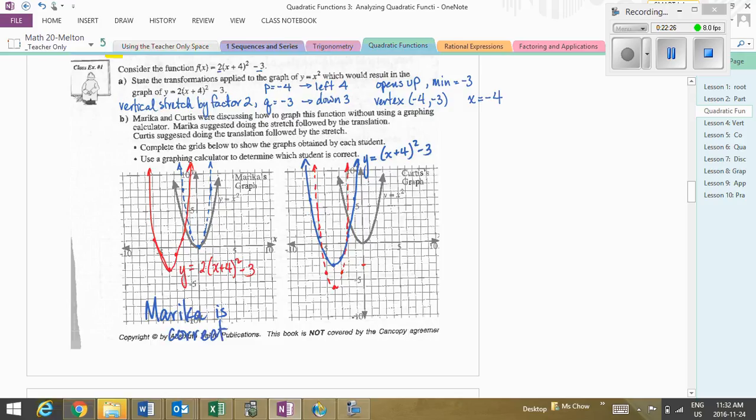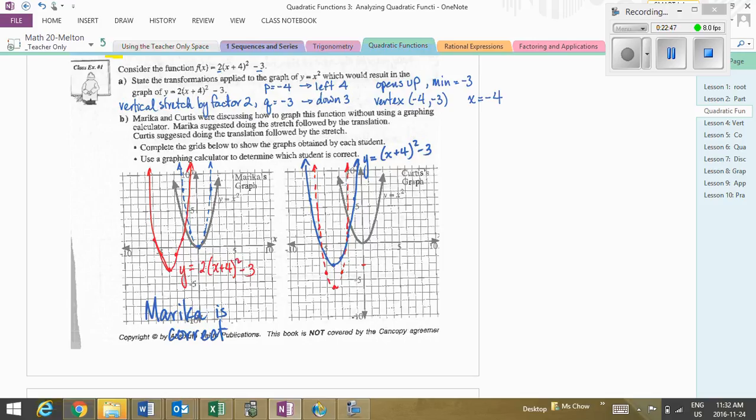Okay, so if we're using Curtis's coordinates specifically, at the same time, if you wanted to translate it first and then just start with the vertex and count from the vertex, that will work.